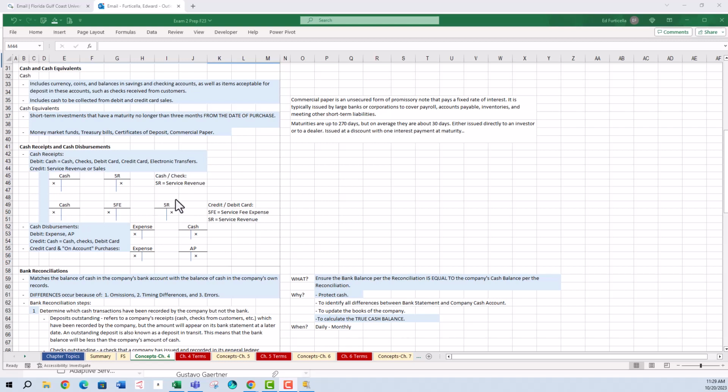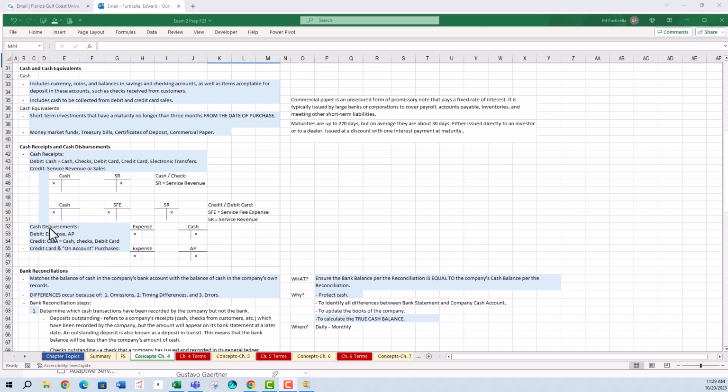So if we're talking about a revenue transaction where we provided a service to somebody or sold them a product, the cash that we'll collect from that transaction will be less than the revenue we earned because the amount that the debit or credit card company withholds from us is an expense to us that we'll refer to as service fee expense.